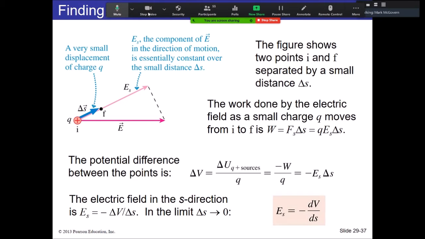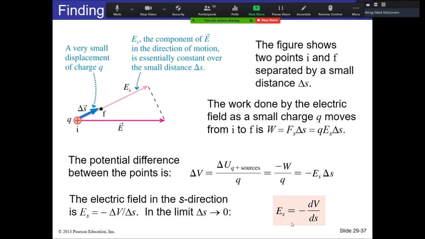That's true if we look at our expression here, delta V equals minus E_s delta s. Now, this expression is only really true if you have a very small distance, so that the electric field doesn't vary much over that distance, and you can, at that particular location, provide a decent estimate.